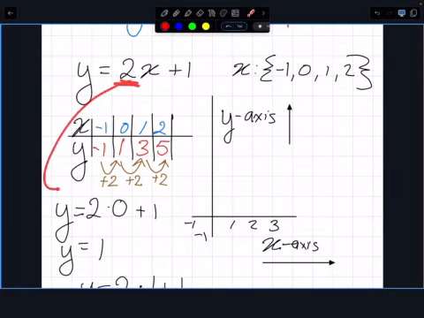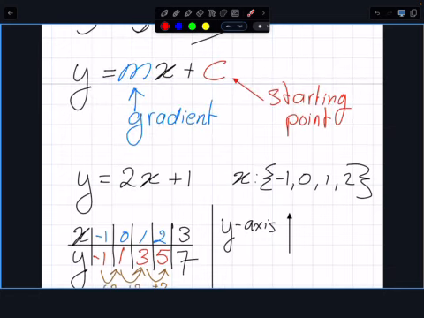So what does that mean? It increases with 2 every single time. So if I were to place 3 here, my answer will most certainly be 7, because the gradient is 2. This is how you know it's a linear equation. Formula, it's always the same.